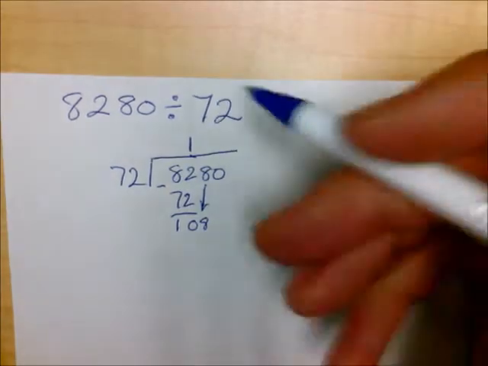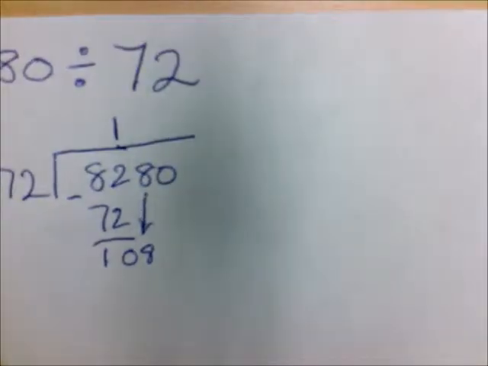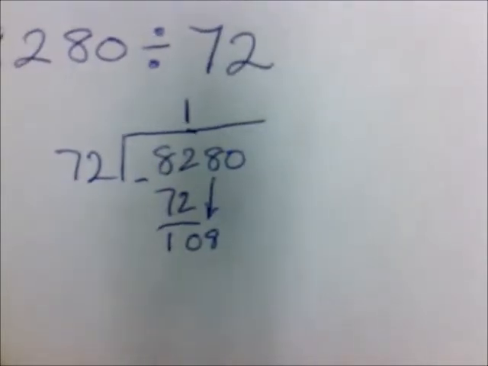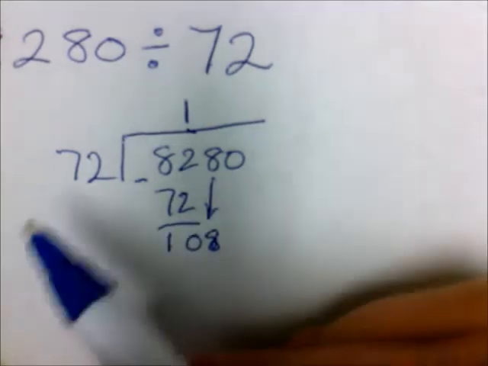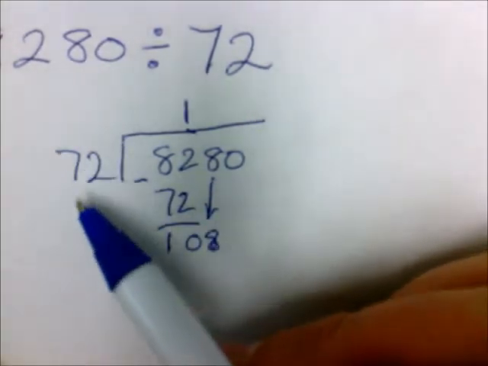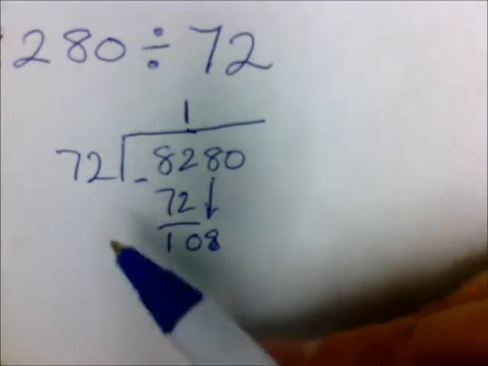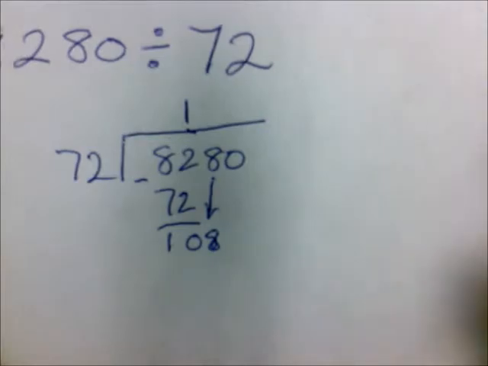Now, I have to ask myself again. Let's zoom in just a little more here. How many times will 72 go into 108? Okay. Well, 72, I know it'll go in there once, will go in there twice. Well, if I just acted like this is a 70, that'd be 140, which would be way too big, so 72 is going to be way too big as well.